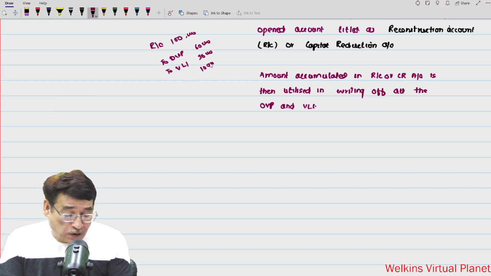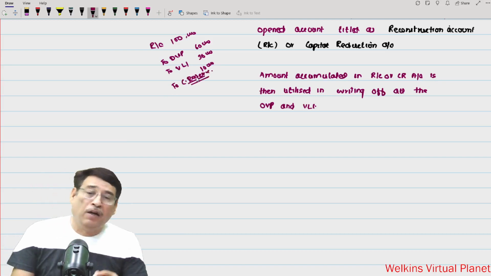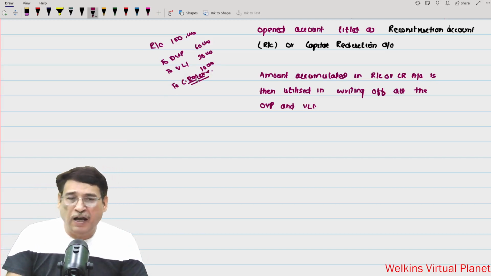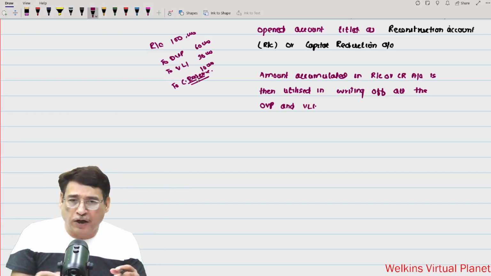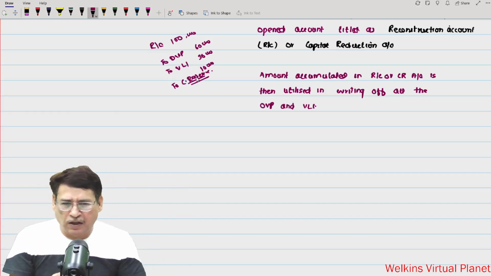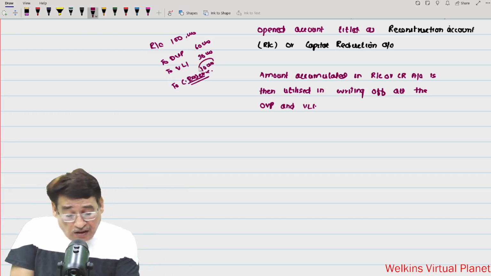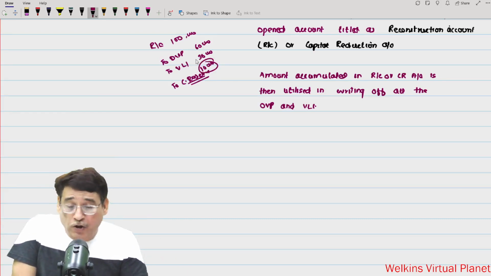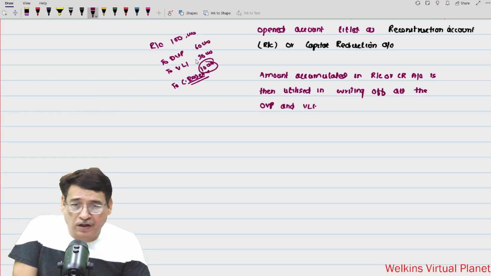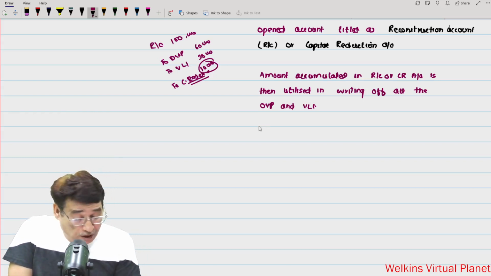If some balance will be left, that balance will be transferred to capital reserve account because it is considered as a capital profit. Any profit which a concern actually receives without selling its product or services is nothing but capital profits. So this time the profit which company is having, not because of sale of the products or sale of the services, that is why it is known as capital profit and it is transferred to capital reserve.